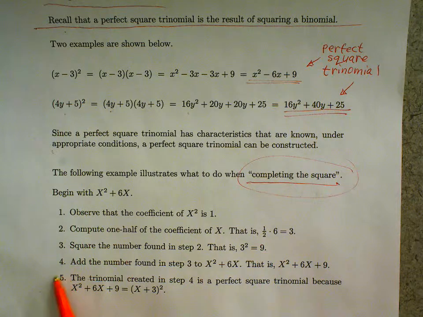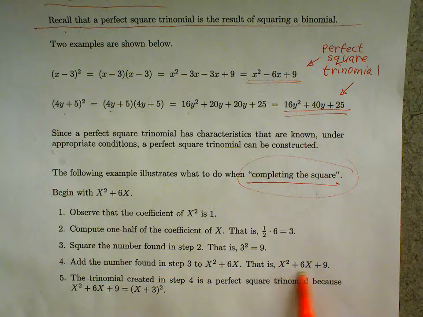And then in step 4, we add the number that we found in step 3 to x squared plus 6x. So in this case, it means add 9 to x squared plus 6x, so x squared plus 6x plus 9.